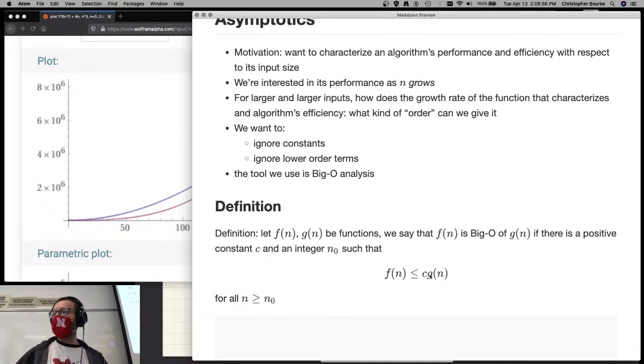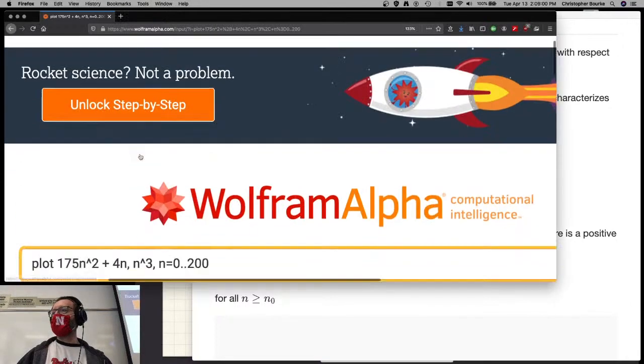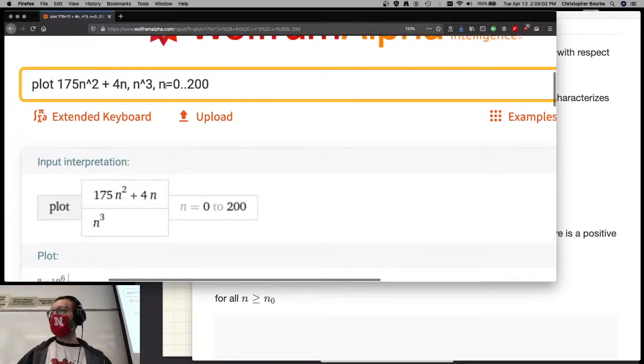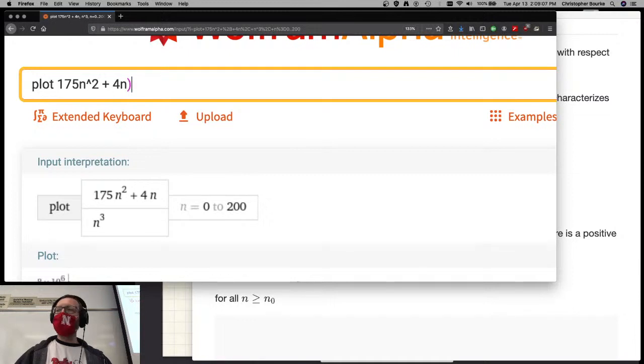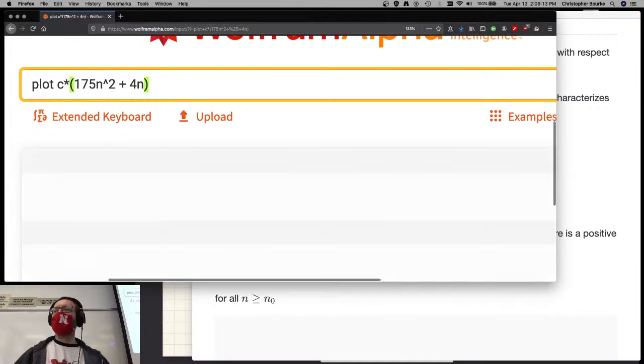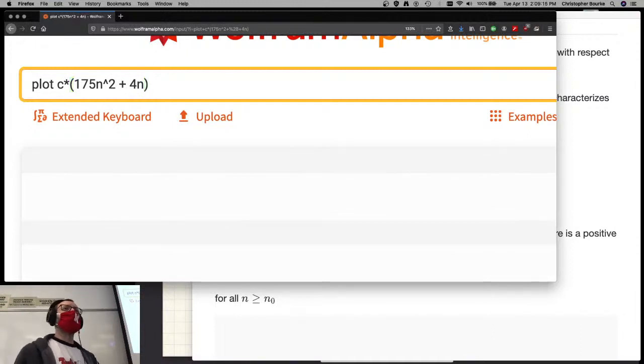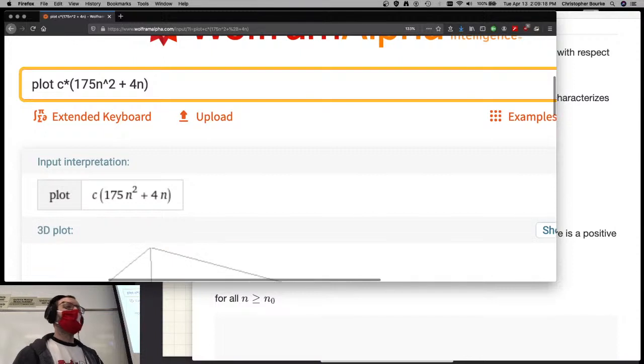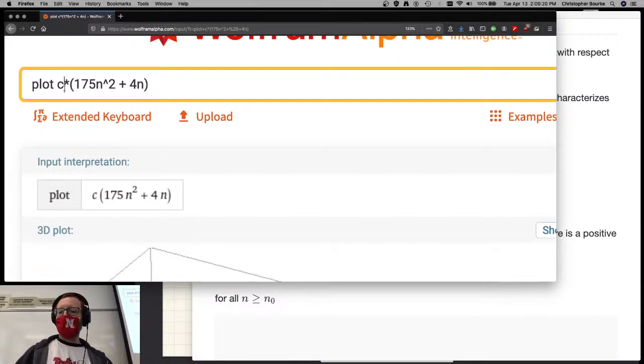Now, why do we throw the c in here? What if you take a function, now here I'm going to just map one of these functions. I'll go ahead and take this function this way. And what happens when you multiply a function by a constant? It's not going to be able to understand this because c is not known, but what if c were 1?